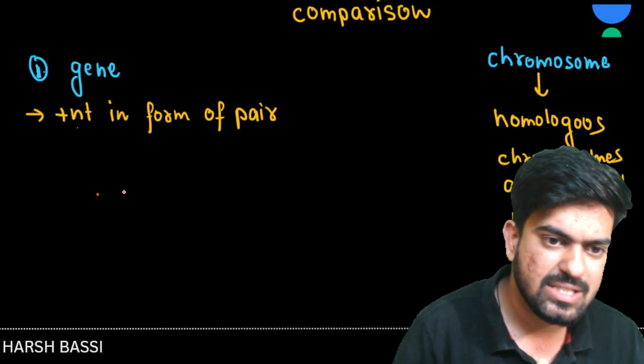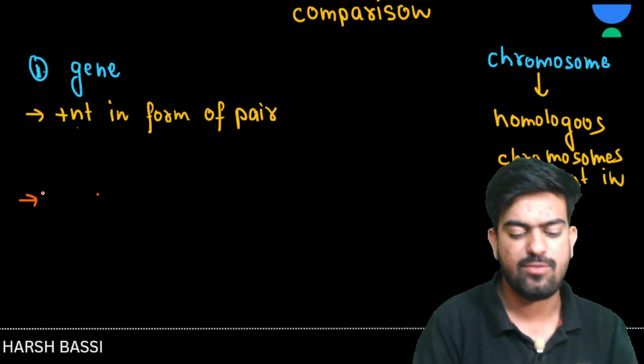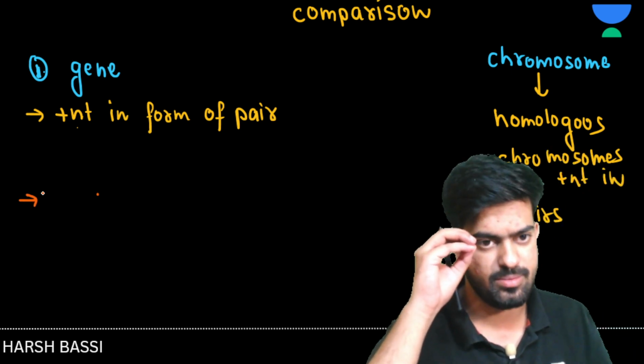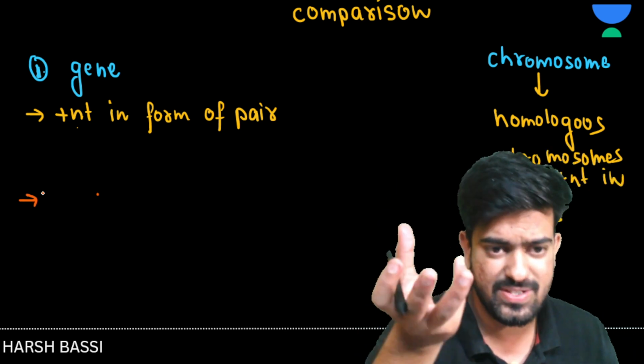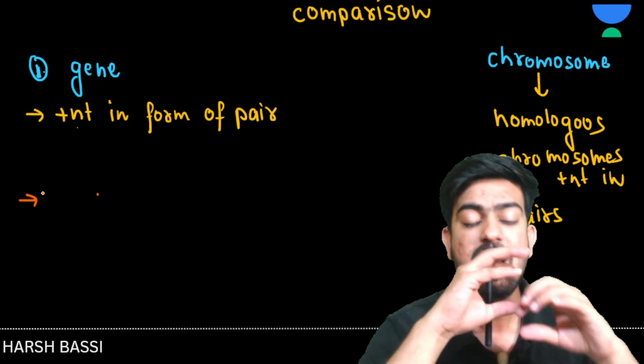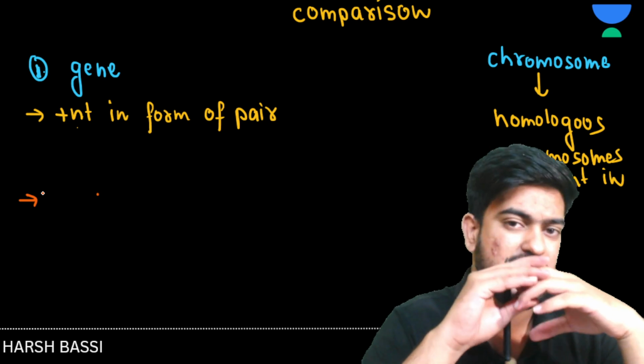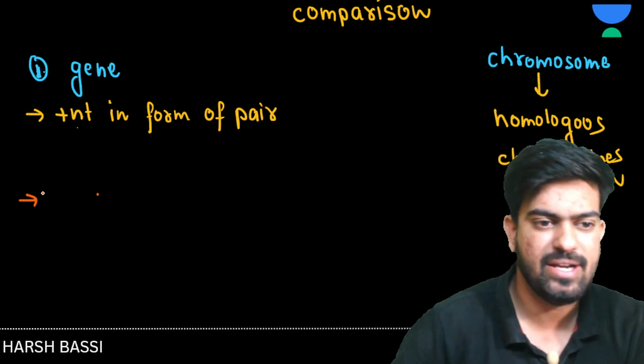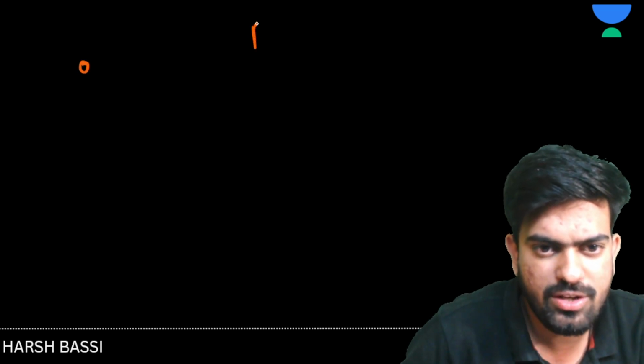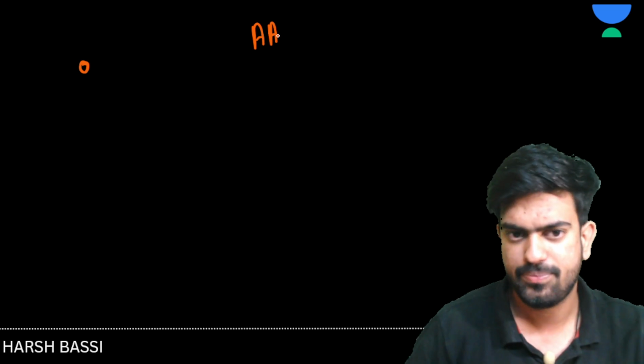Next, the second thing is that genes are present in the form of alleles, as we say, they are present in the form of pairs, and during gamete formation what happens? These alleles get separated, yes or no? See, if I'm talking about a gene, here we have capital A, right?